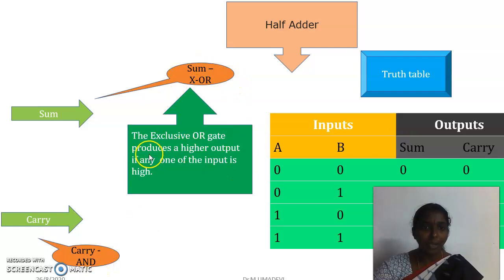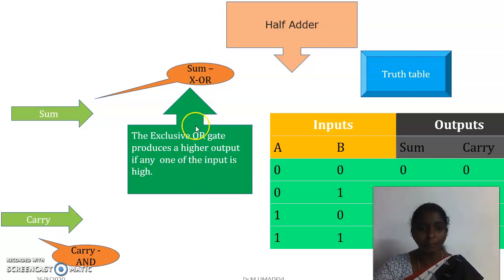The exclusive OR gate produces a high output if any one of the inputs is high. See here, 0 and 1, here B input is high, and 1, 0, here A input is high. So it produces 1.